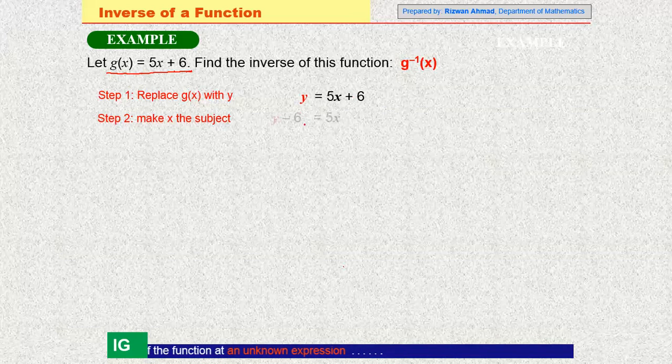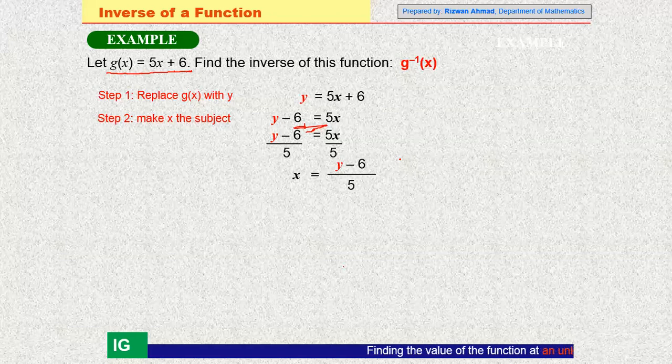Which means that we move this 6 to the other side, and then we divide both sides by 5, and we will get x is equal to y minus 6 over 5.